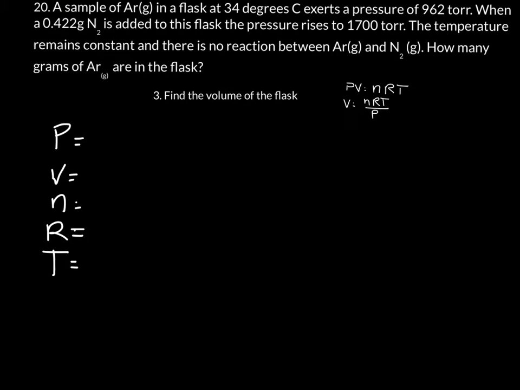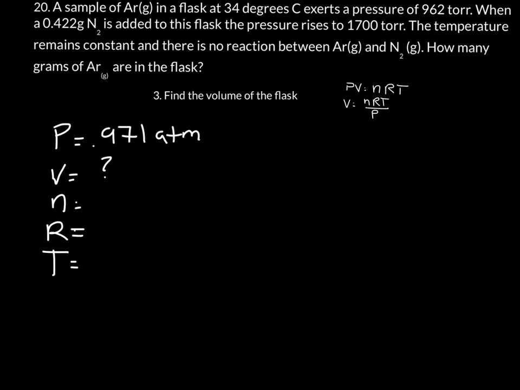Okay, so now we're going to find the volume of the flask using all the information we gathered for nitrogen gas. It will help us find argon, since the volume of the container itself doesn't change. So we're going to use the pressure of nitrogen that we found, 0.971 atmospheres. Since we don't know the volume, question mark there.